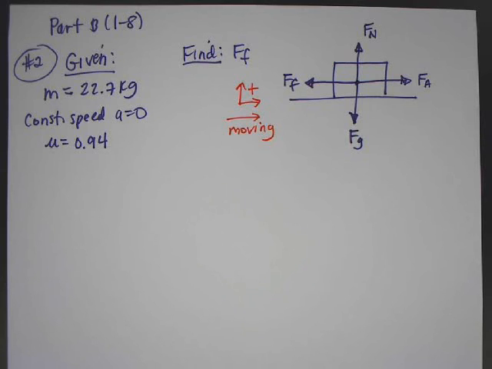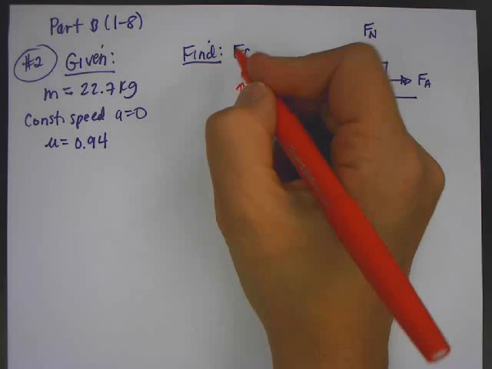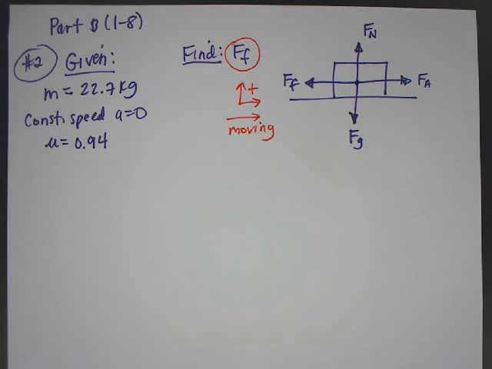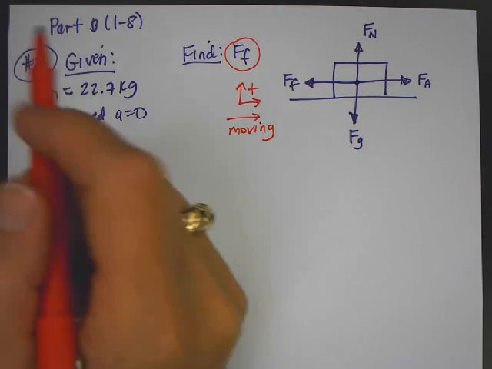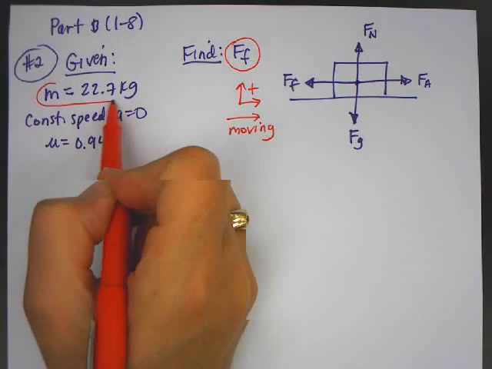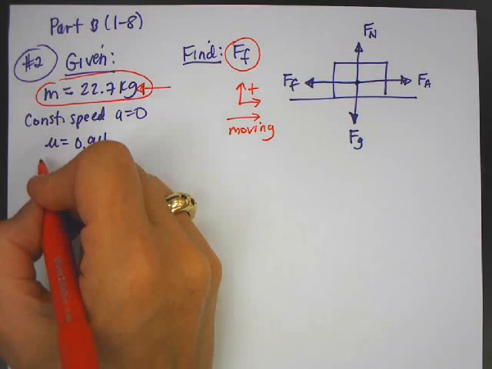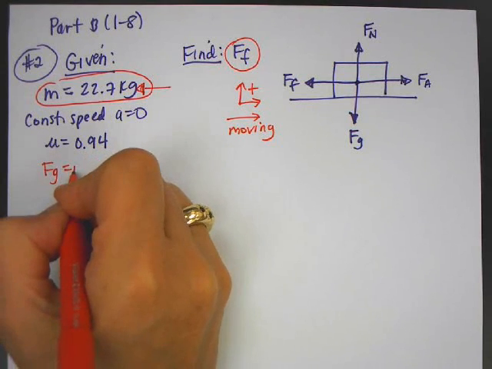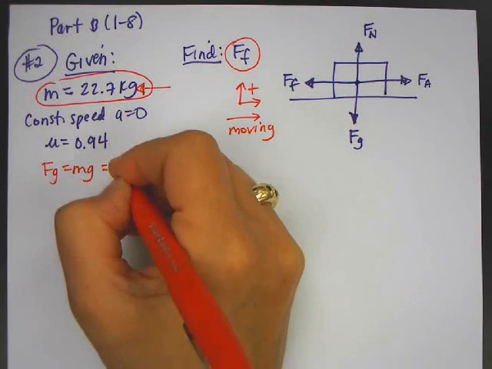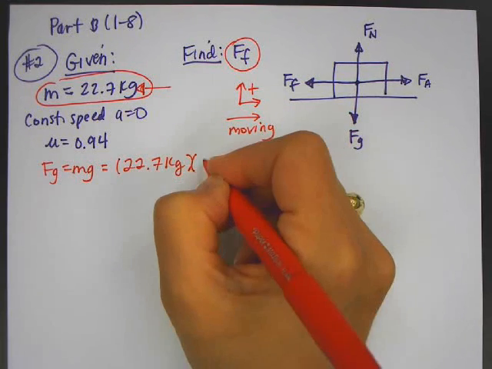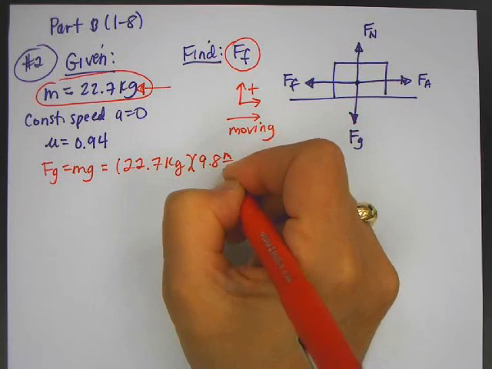Now I want to find F of F. When you don't know what to do, you go to the end. So the end is F of F. Well, first of all, whenever I have the mass in kilograms, I know I want to find the weight. So first I'll find the weight. F of G is equal to mg. So it's equal to 22.7 kilograms times 9.8 meters per second squared.